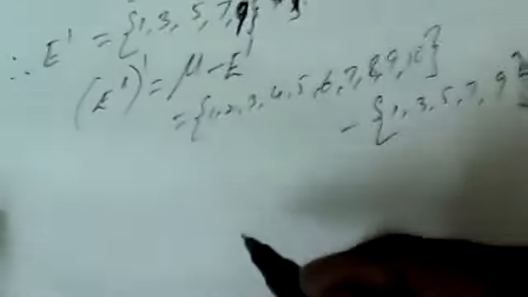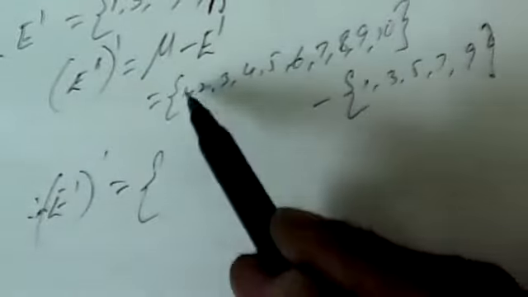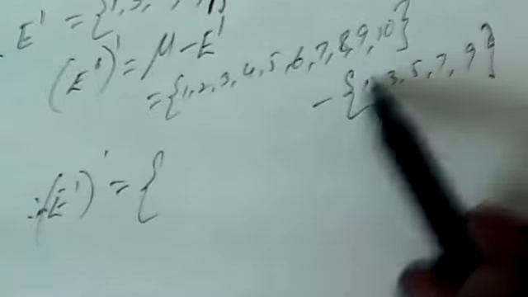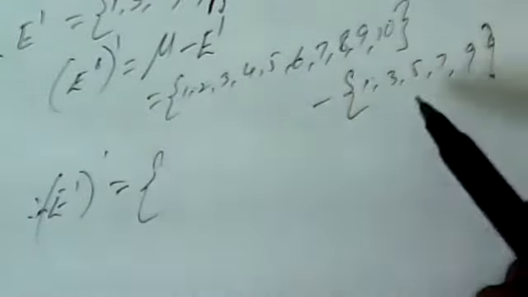So what you get now? We'll see E complement of complement equals to 1 is there. Should not write 1. 2 not there.